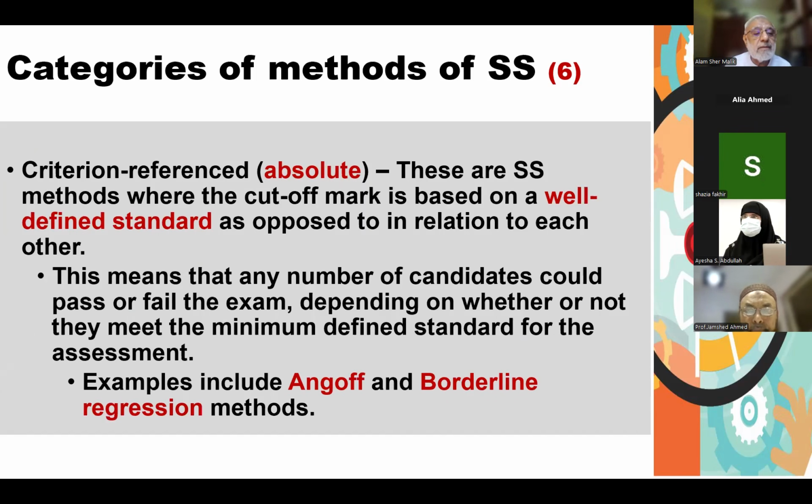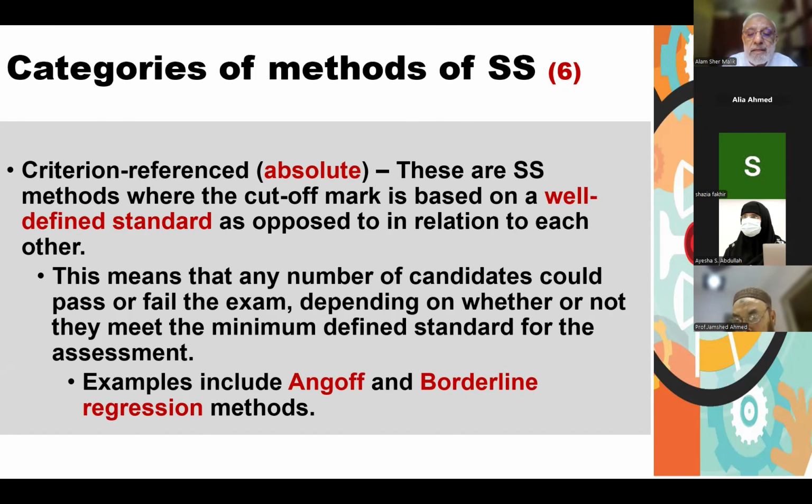The second method is the criterion reference or absolute method. These are standard setting methods where the cutoff mark is based on a well-defined standard as opposed to relation to each other. So here we have a criteria which is decided, and the students are judged against that criteria, not against each other.